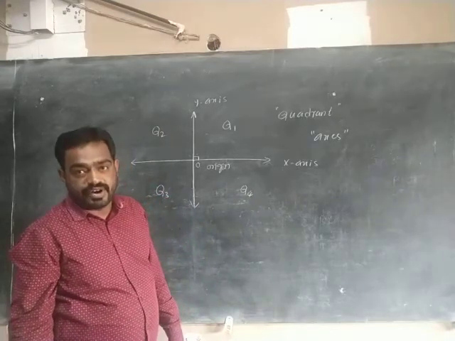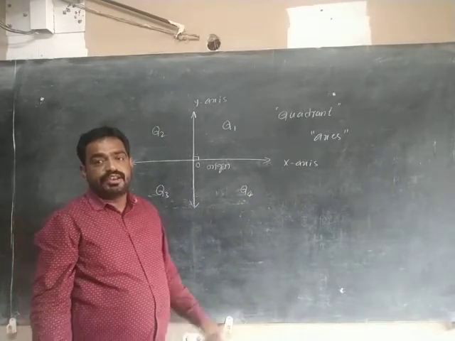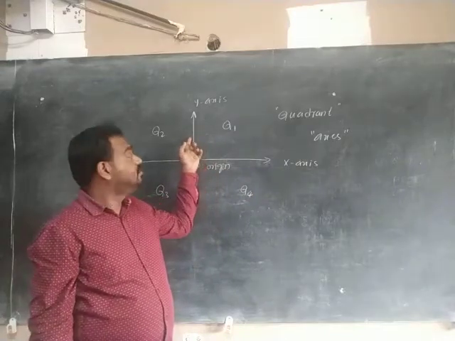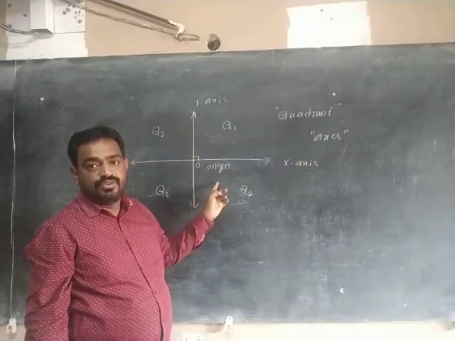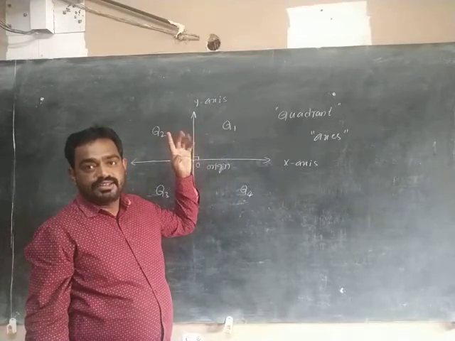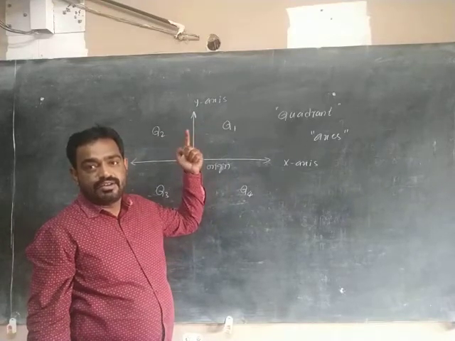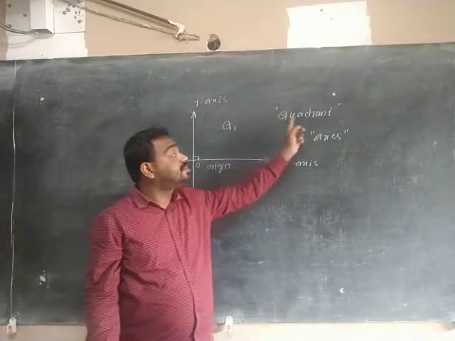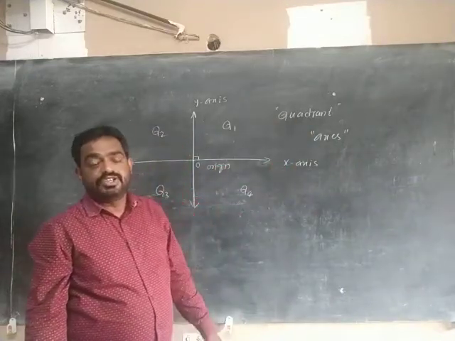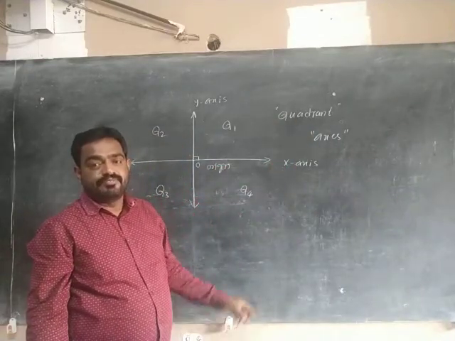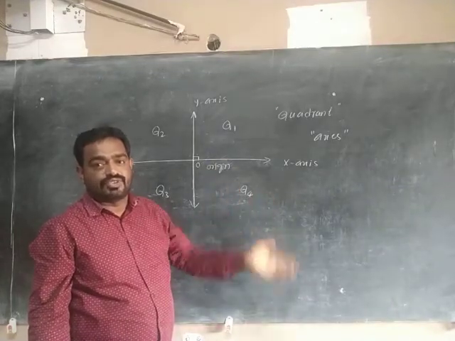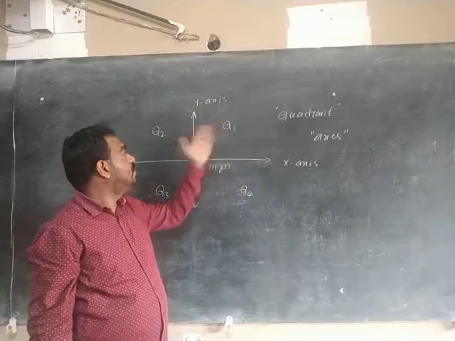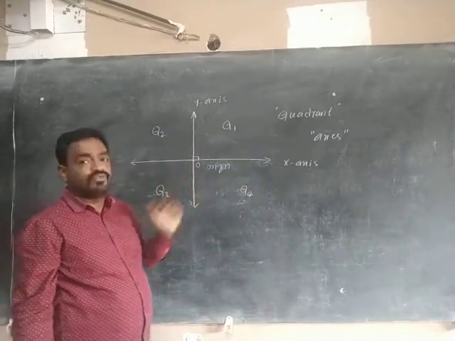What is the definition of quadrant? The mutually perpendicular lines divide the plane into four equal parts. Then each part is called quadrant. Namely, first quadrant, second quadrant, third quadrant, fourth quadrant. That is Q1, Q2, Q3, Q4.